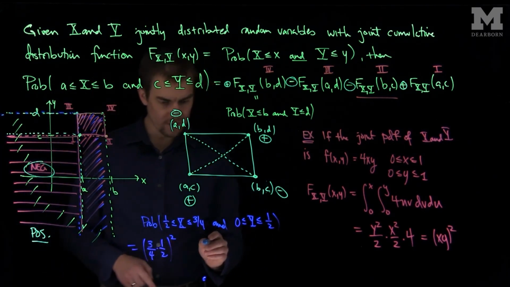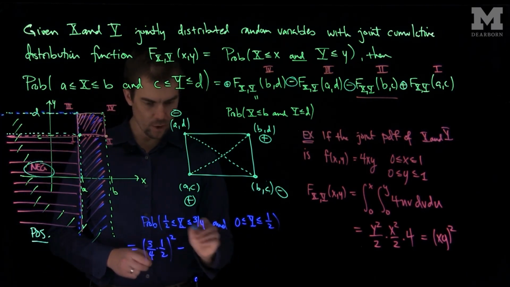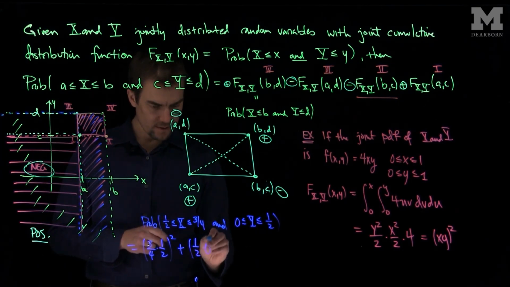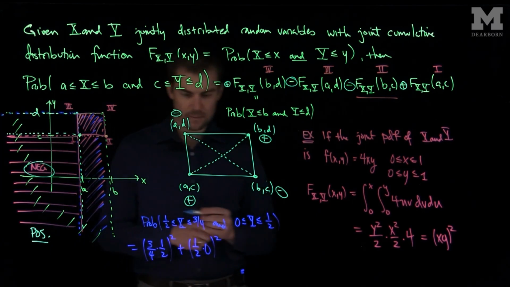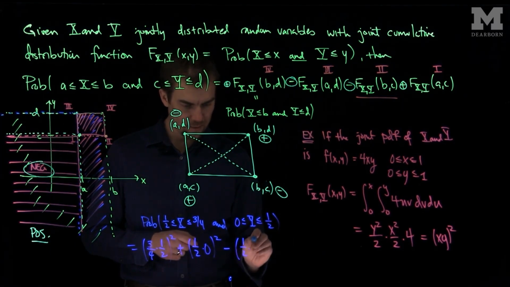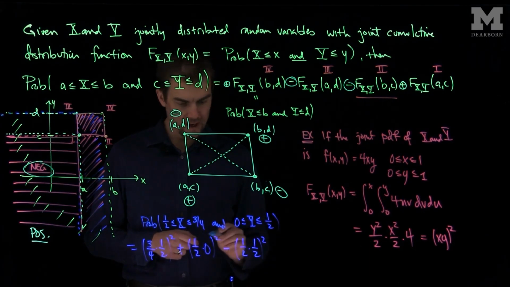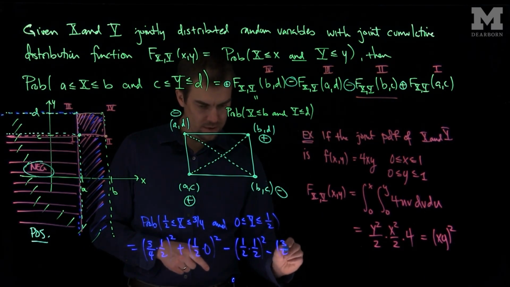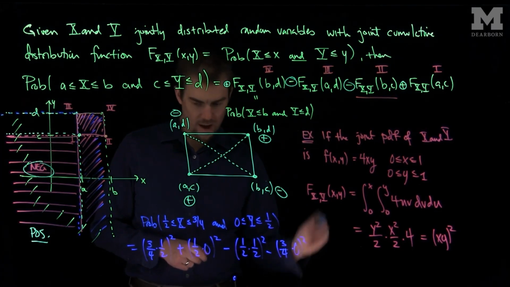We'll do 1/2 and 0 with a positive sign. Then the negative signs will be 1/2 and 1/2, so 1/2 squared times 1/2 squared with a negative sign, and then 3/4 and 0, so minus 3/4 and 0.